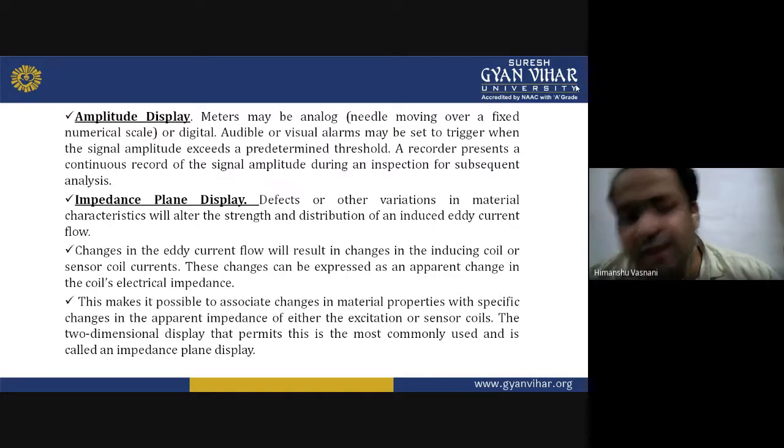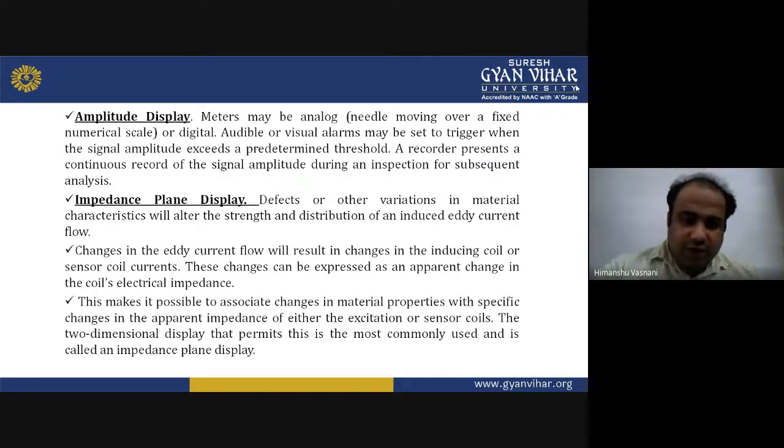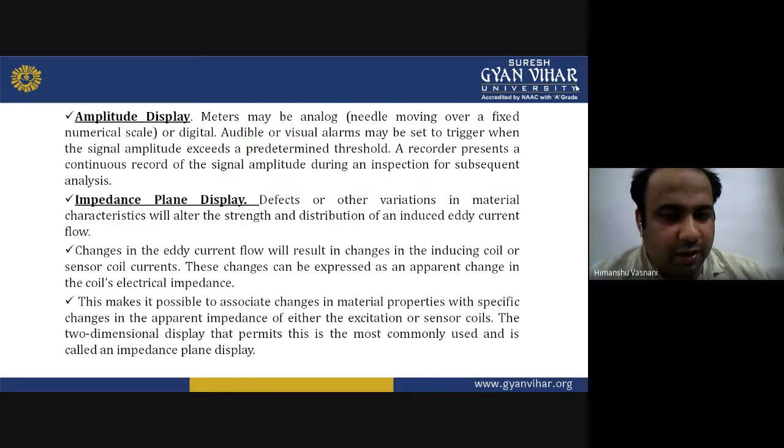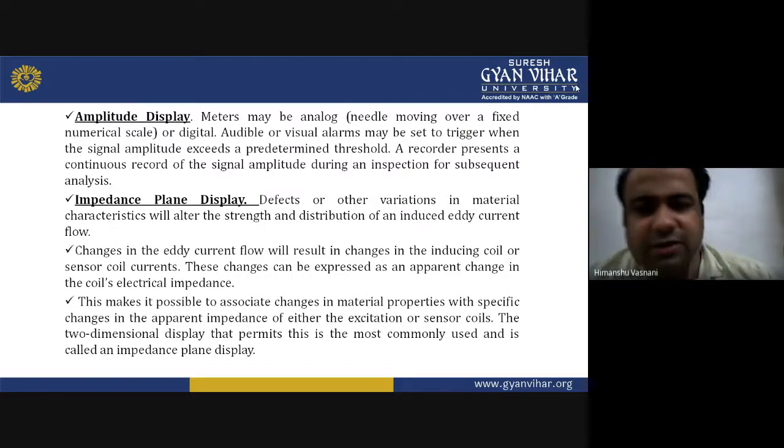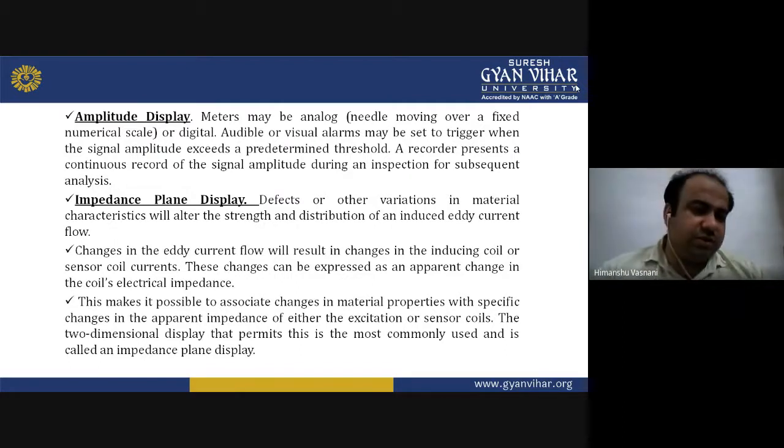These changes can be expressed as an apparent change in the coil's electrical impedance. This makes it possible to associate changes in the material properties with specific changes in the apparent impedance of either the excitation or sensor coils. The two-dimensional display that permits this is the most commonly used and is called the impedance plane display. This is how the display looks.